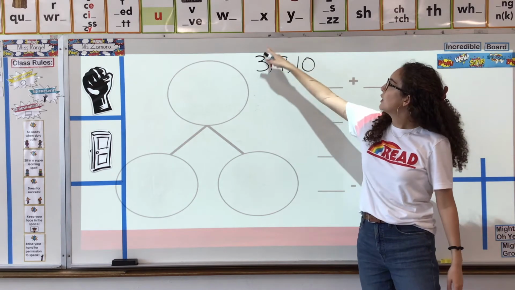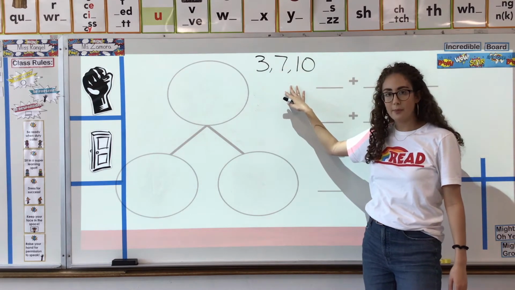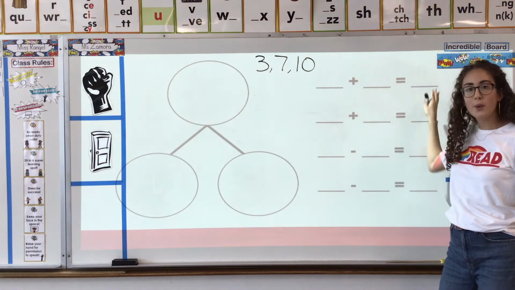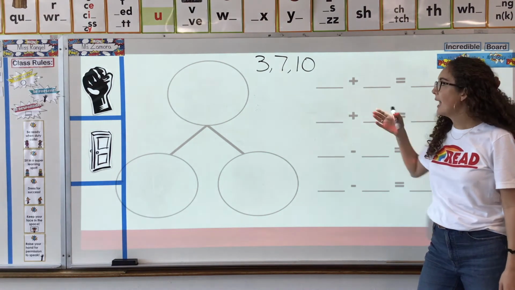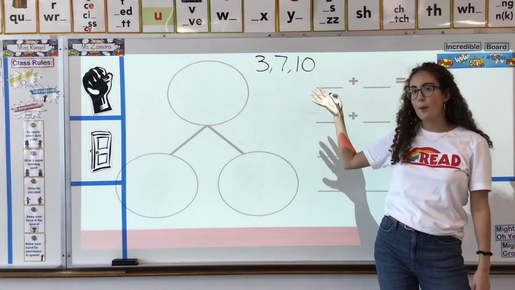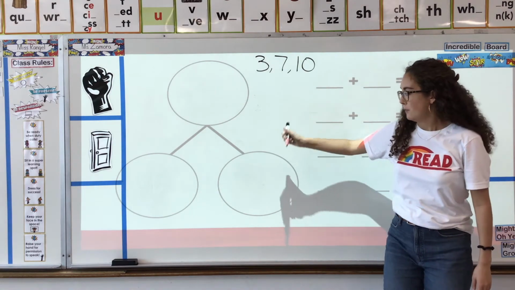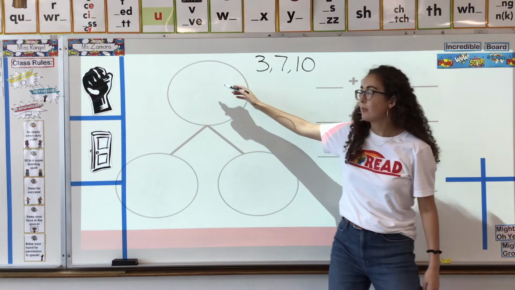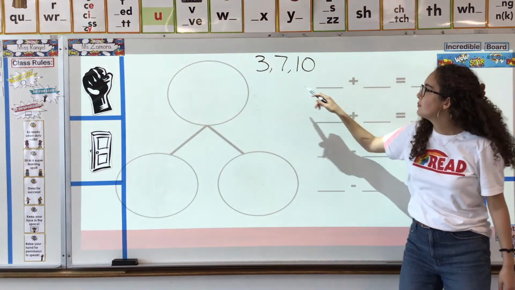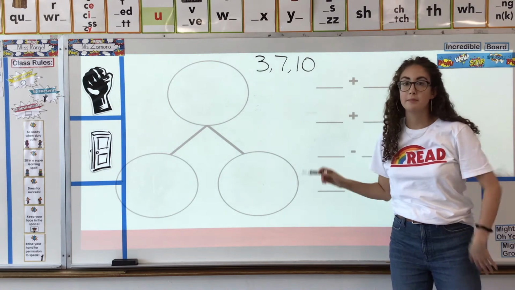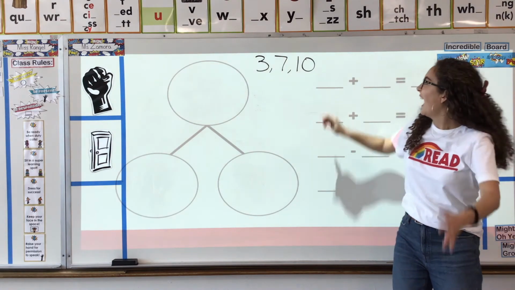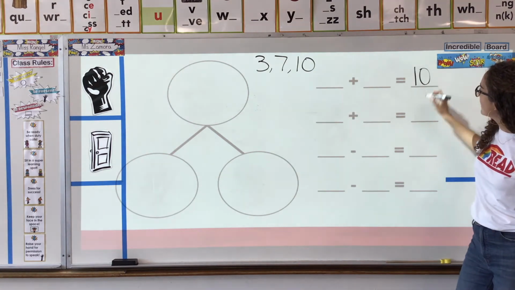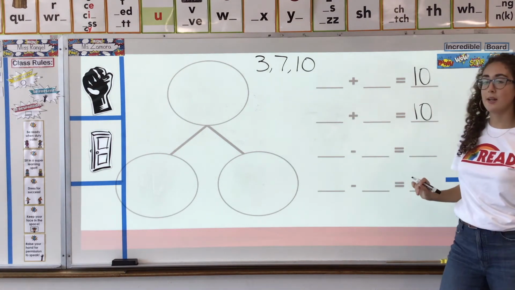What we can know about starting a fact family is that with addition, what those 2 addition sentences equal to is always going to be the bigger number because two smaller parts make the bigger number. So what is the biggest number out of these three? The 10. Ding, ding, ding. So the 10 is going to become what our two parts equal to.